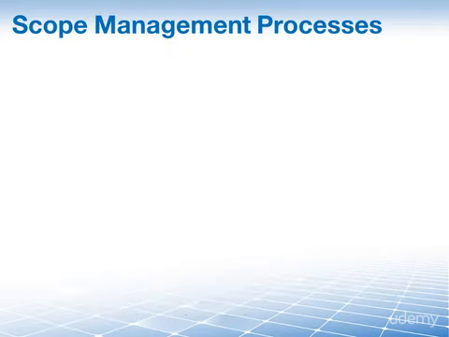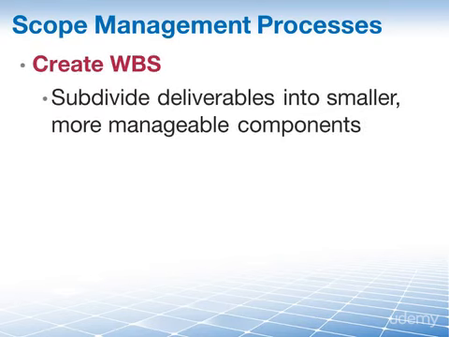At this point, our scope is planned, collected, and defined. We need to move on to creating the WBS, validating the scope, and then controlling the scope, which of course are the next 3 processes. Create WBS, or create work breakdown structure, is the 4th process in this knowledge area. It's the process of subdividing your project deliverables and project work into smaller, more manageable components.